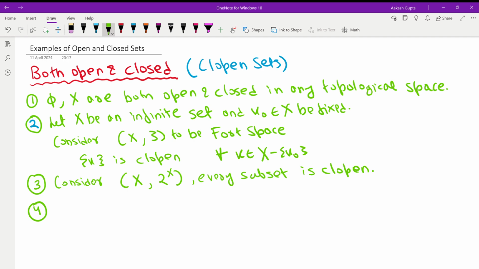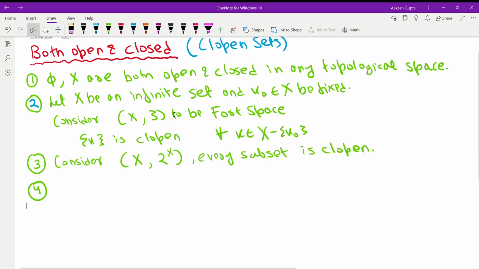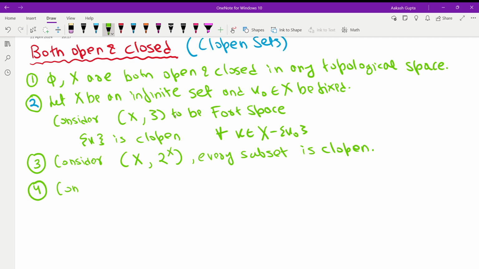Let me present you one more. Consider capital X equals R. We already know that we have two topologies here.